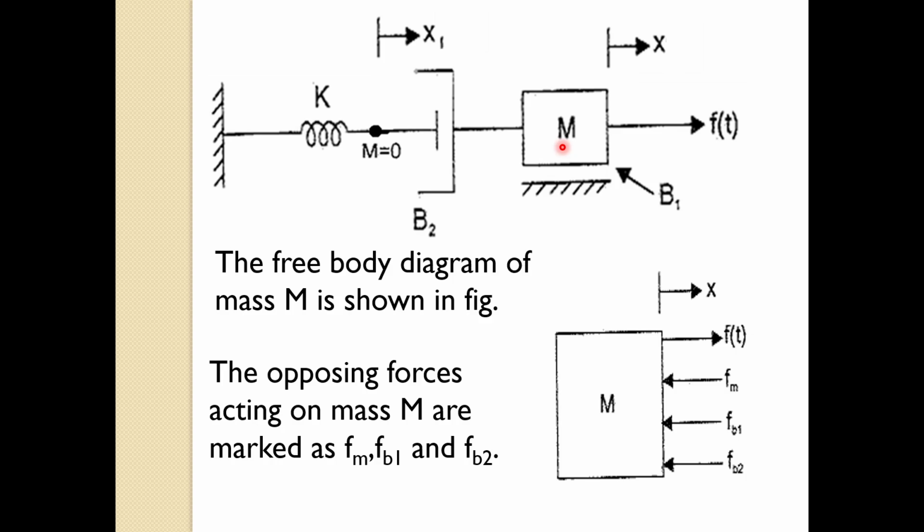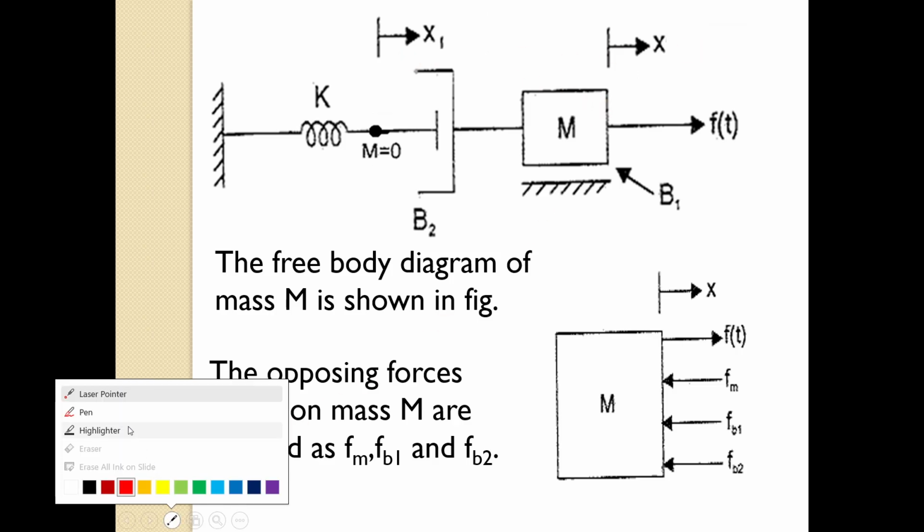Now we are considering m, so Fb2 will be equal to B2 into d by dt of x minus x1, because it is in between these two masses. B2 is between m equal to 0 and m, so we have to consider both the displacements.